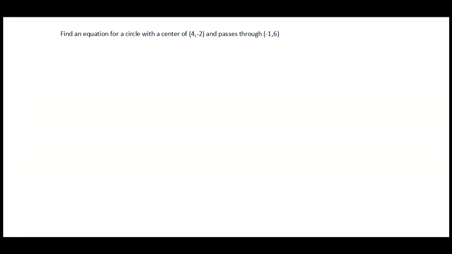Find an equation for a circle with a center of 4, -2 and passes through -1, 6. In this problem we are given 2 points, one of them being the center and the other one a point on the edge.